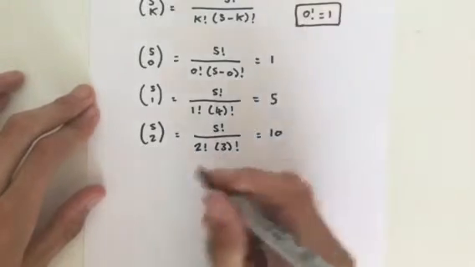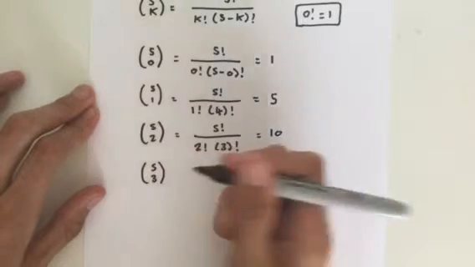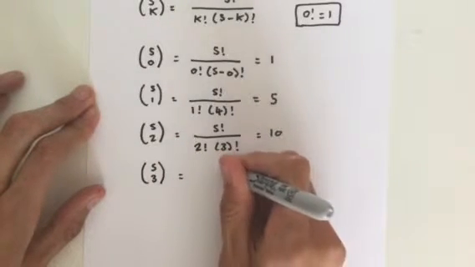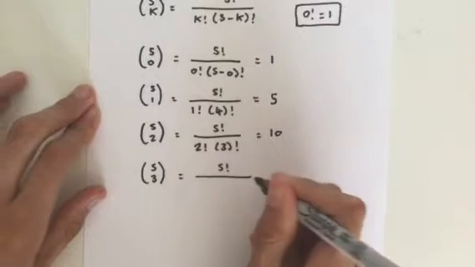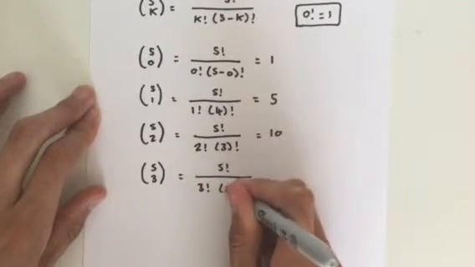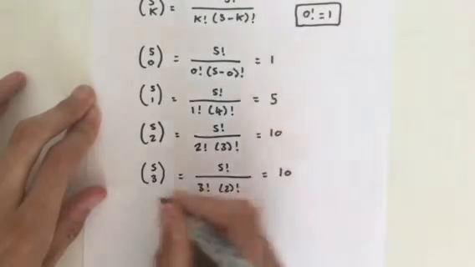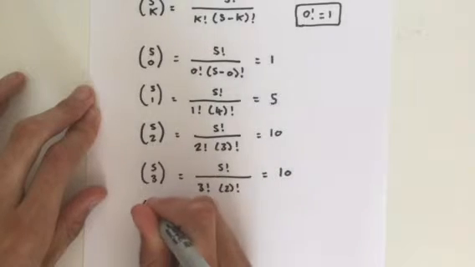Next we do 5 choose 3. It's going to equal 5 factorial like normal divided by 3 factorial times 2 factorial, and this is going to equal 10 as well. And then we have 5 choose 4.